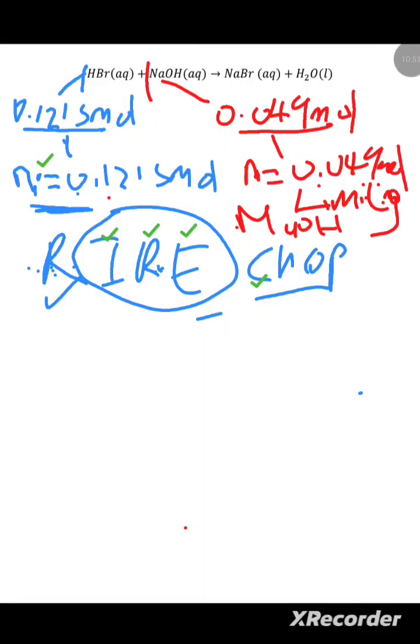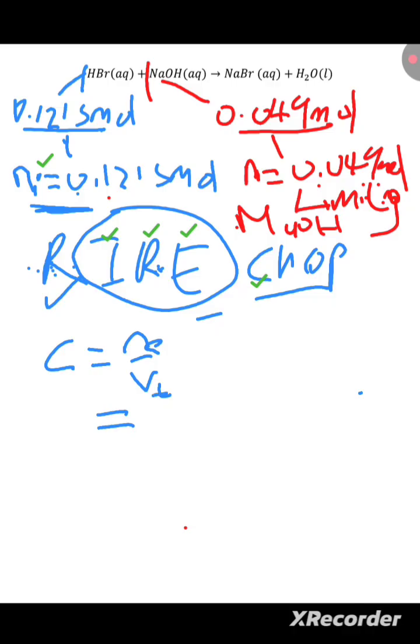So we're going to say now, concentration is equal to number of moles over volume, because we don't have the concentration, right? Now, this number of moles is the number of moles that are in excess. And this volume should be the total volume, the combined total volume for the two.